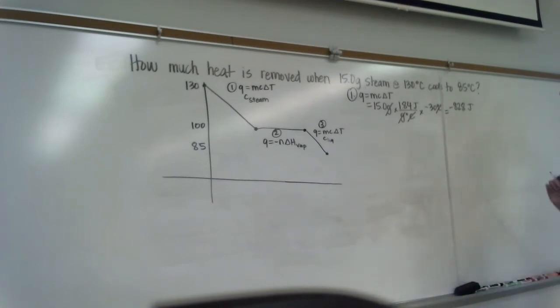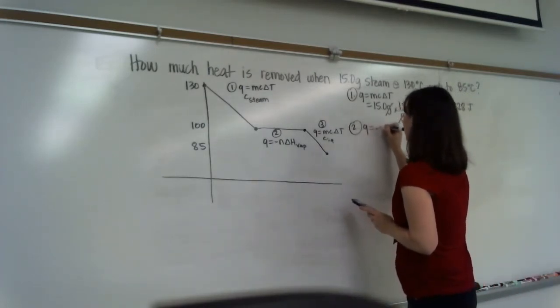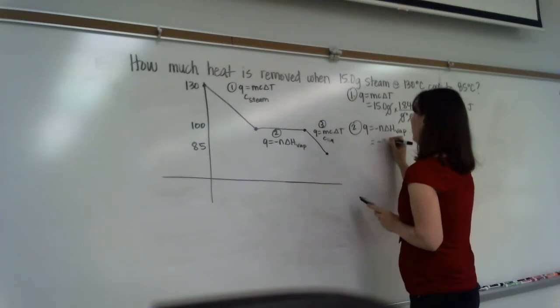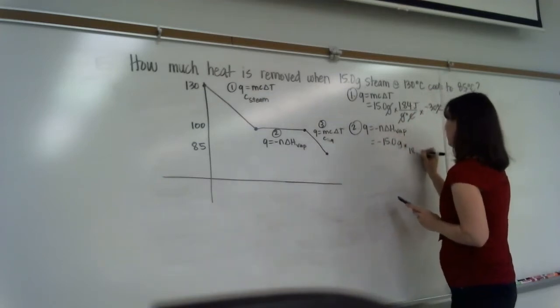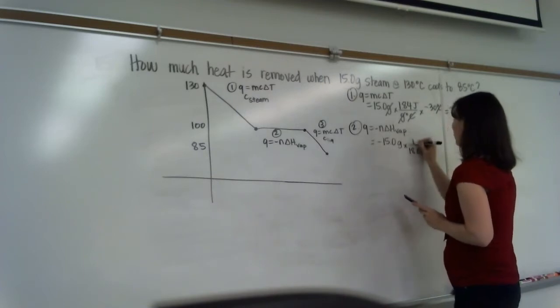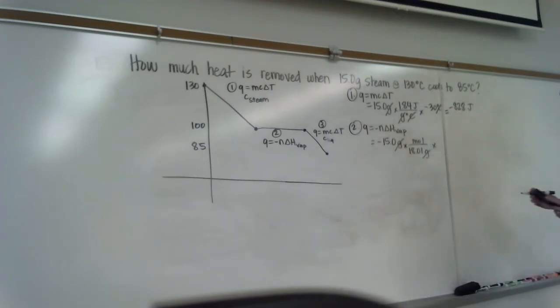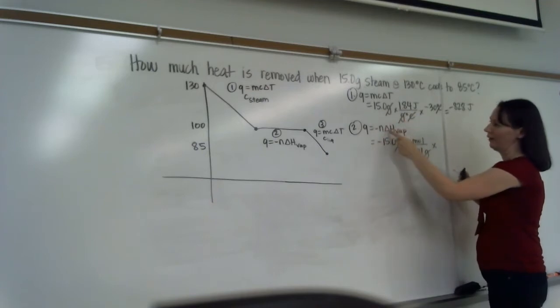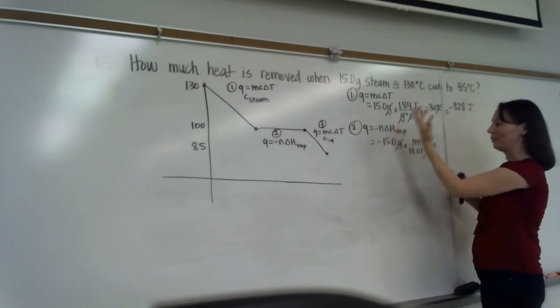All right, calculation number 2. Q equals negative n delta H vaporization. So I've got to convert grams to moles. 15 grams times 1 mole per 18.01 grams. Grams cancel, now I'm in moles, times the heat of vaporization. I just pulled the negative out and put it at the front because I don't like having a negative in the middle of an equation, but if you wanted to keep it there, be my guest.